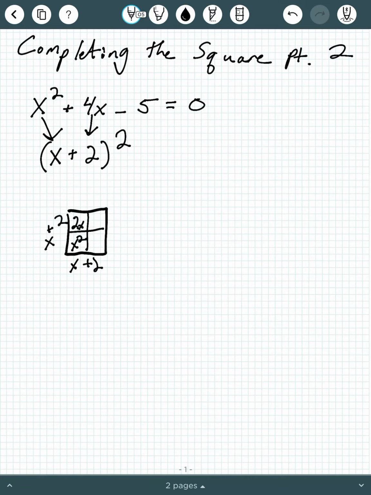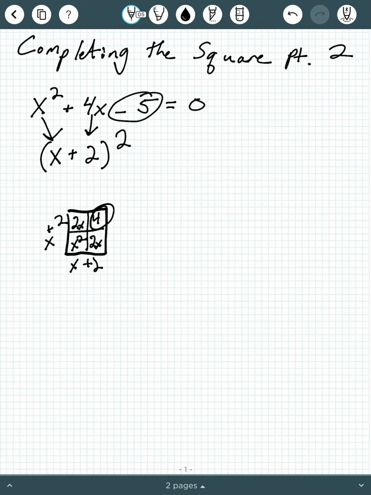I would get x squared. I would get 4x if I added those two x's together, which is what I started with. But I would also get positive 4 when I actually had negative 5 to begin with. So this is where we have to keep our equation equivalent as we go through this process.